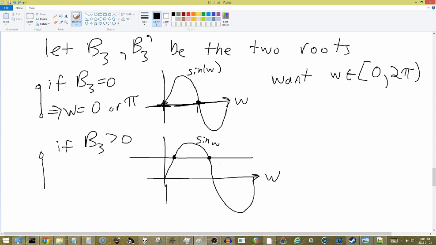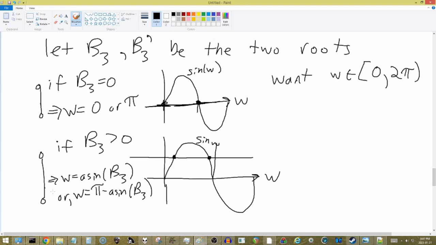And then we know that, again, this distance here is also equal to the arcsine of b3. So that implies that our two values for w are going to be arcsine of b3 or, for w equals, pi minus arcsine of b3.